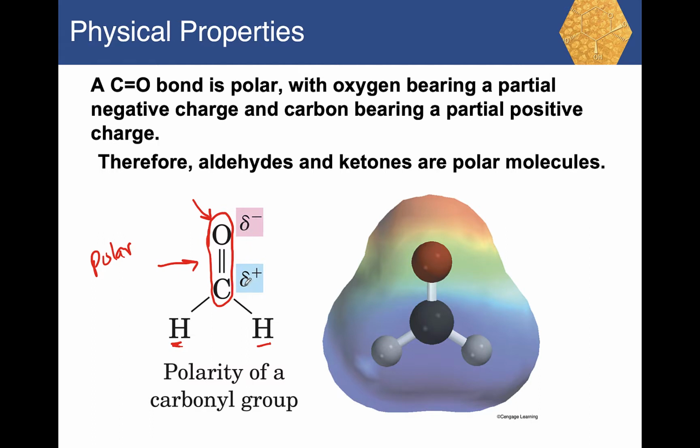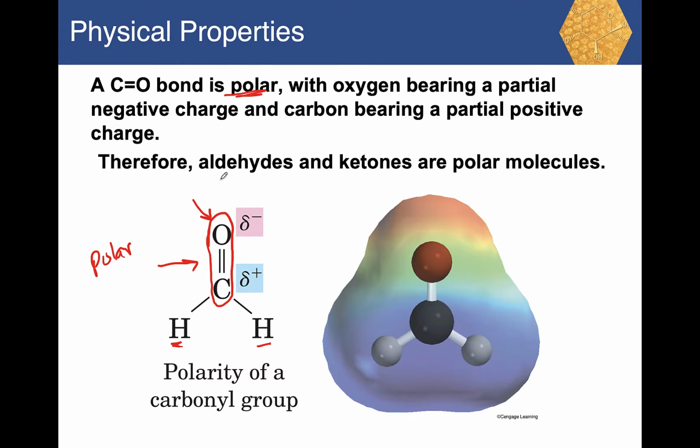So that creates a pole, a dipole, or a polar molecule, where this is partially negative because of the electrons being pulled closer to oxygen, and this is partially positive because the electrons are pulled away. Remember, electrons are negative, from carbon. So it is a polar molecule.